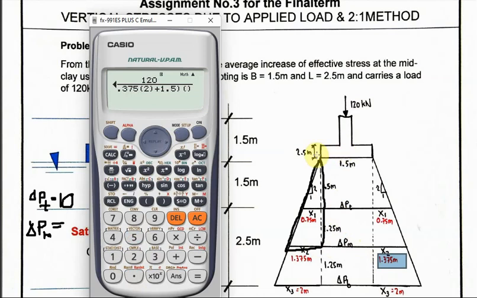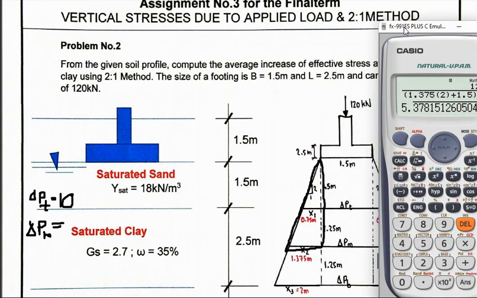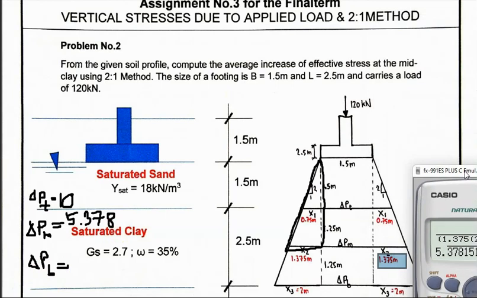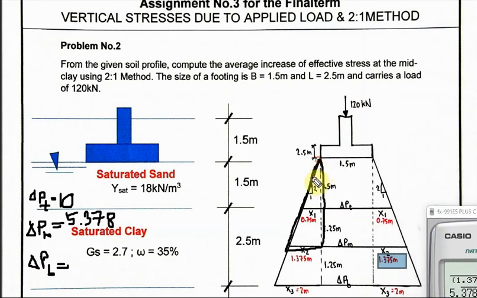Total ra we have 2.5 sa footing plus 1.5 plus 1.25, natay 5.378. Ana tapos kunda yun P bottom, PB. So pag calculate na to, you have to only consider this point from here to here, including footing.